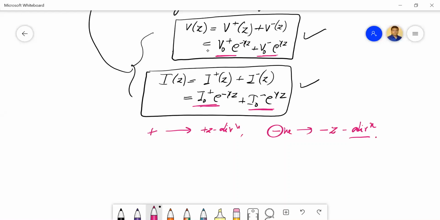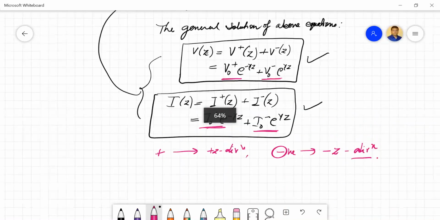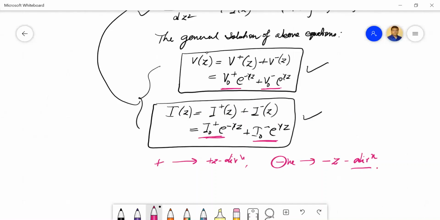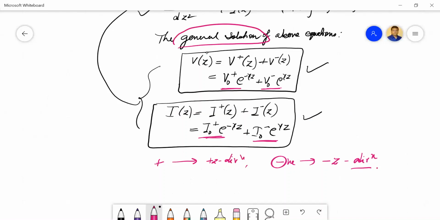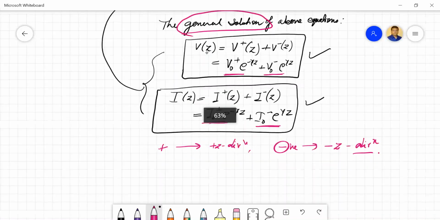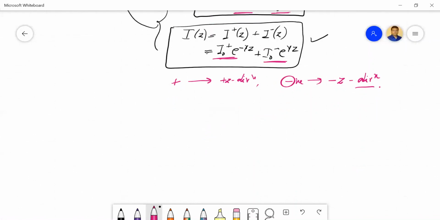This will be the reflected wave, so it is better to take e to the power gamma z, which gives the sense of both positive and negative directions. That is why we call this a Journow solution, because it accommodates both the transmission side as well as the reflected wave.